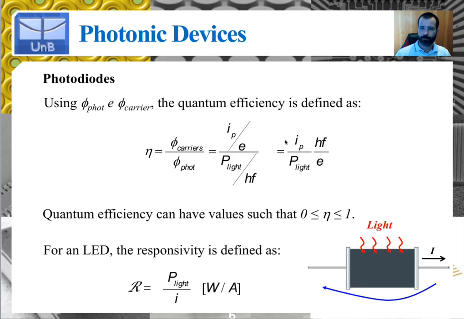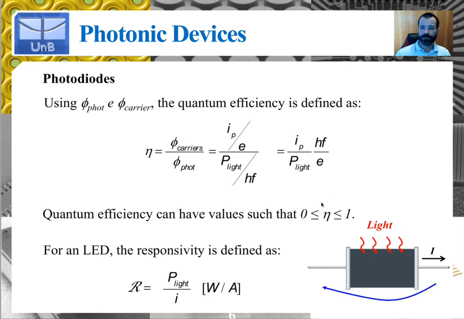And if we rearrange things, we obtain this expression here. Therefore, the quantum efficiency is I_P times hf divided by the light power multiplied by the elementary charge. And quantum efficiencies can have values that are between 0 and 1.